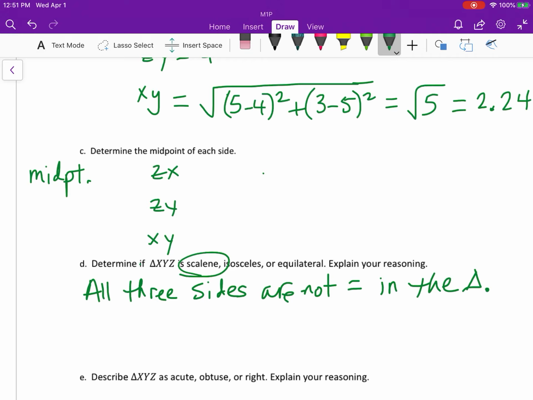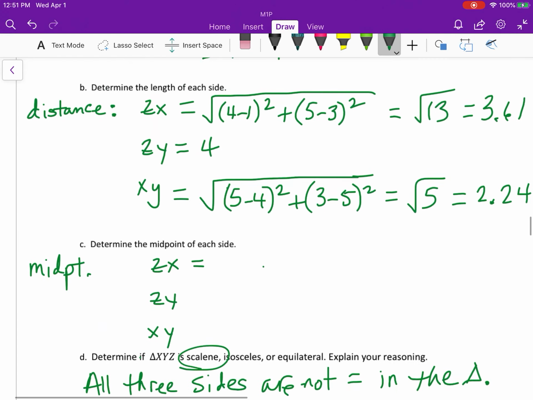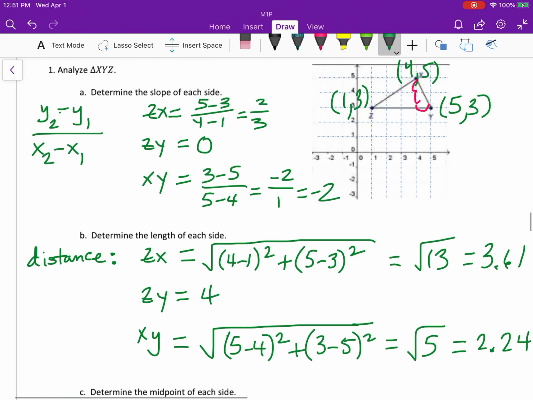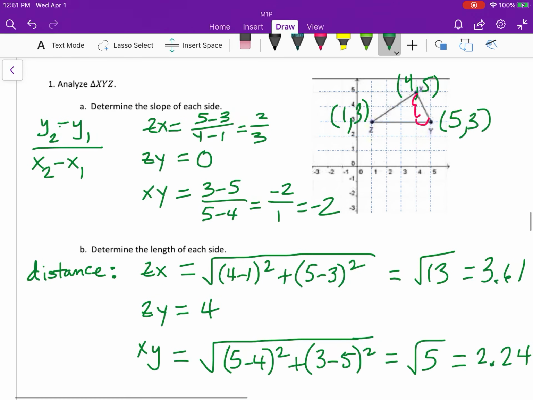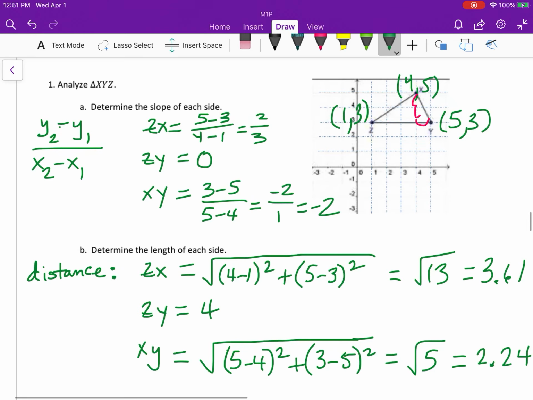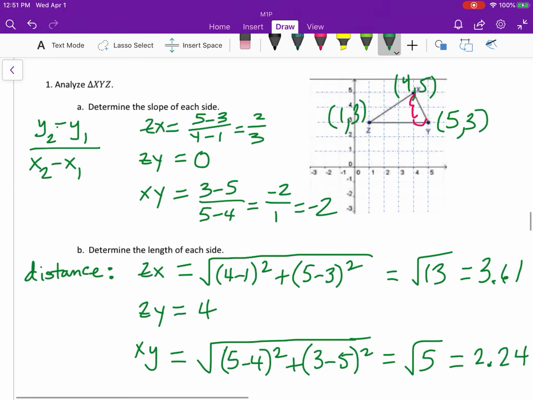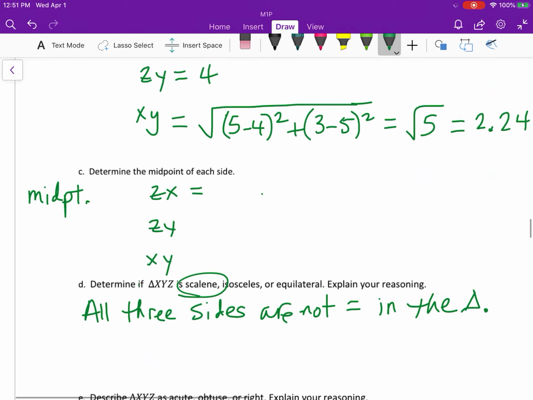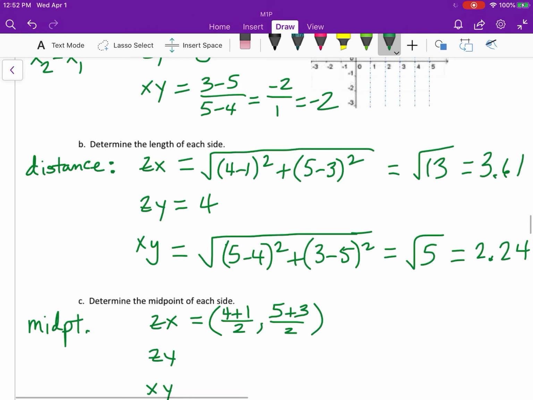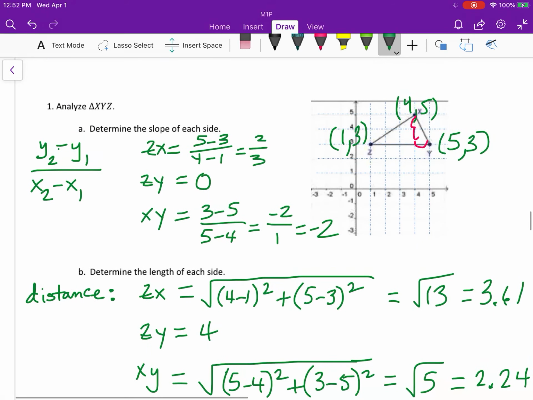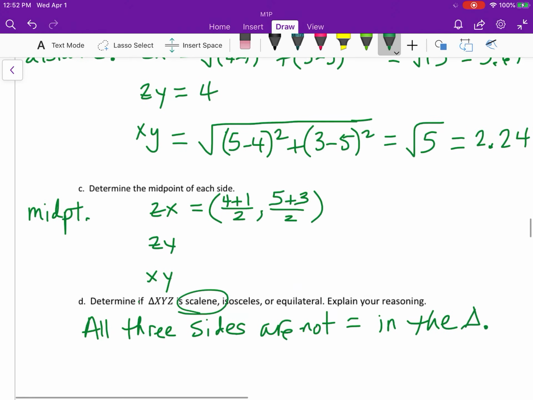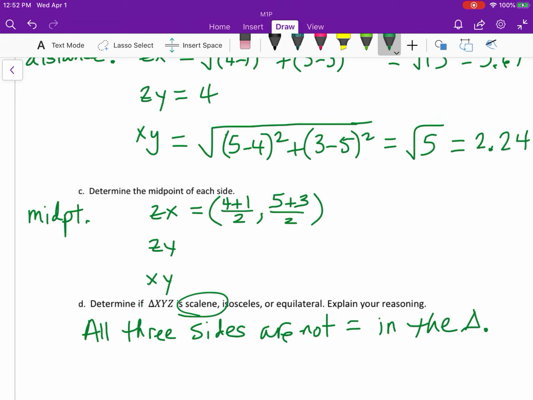All right, now if you look at midpoint, the midpoint of ZX is going to be 4 plus 1 over 2 and 5 plus 3 over 2. So 4 plus 1 over 2 and 5 plus 3 over 2. 4 plus 1 and 5 plus 3, okay?